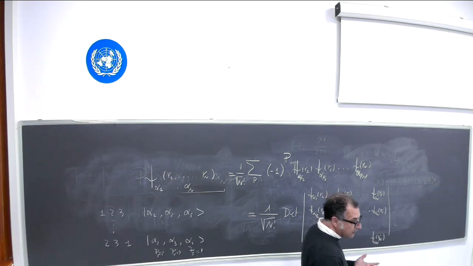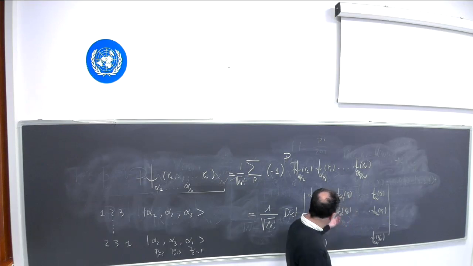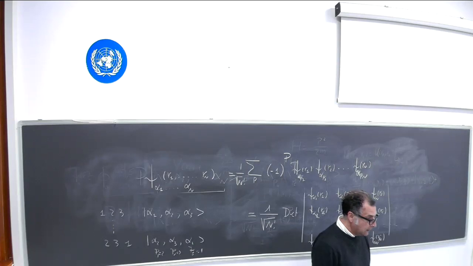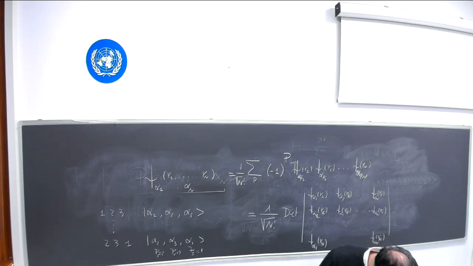You cannot have two particles in the same state with the same quantum numbers. This is something you know, okay? And the Pauli Principle is reflected in the structure of the Slater determinant. This is related to the anti-symmetrization of the wave function.